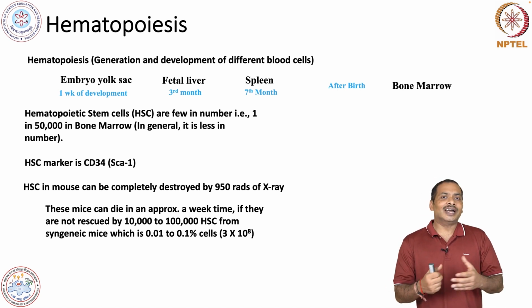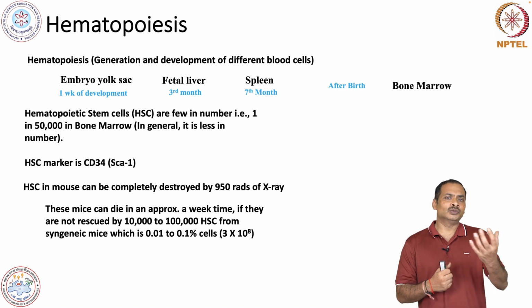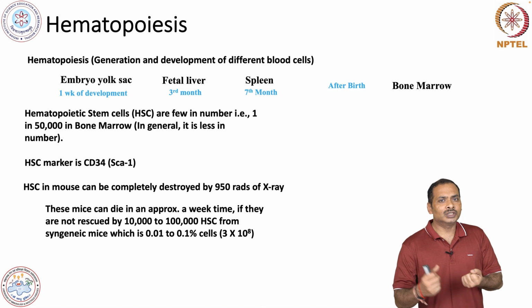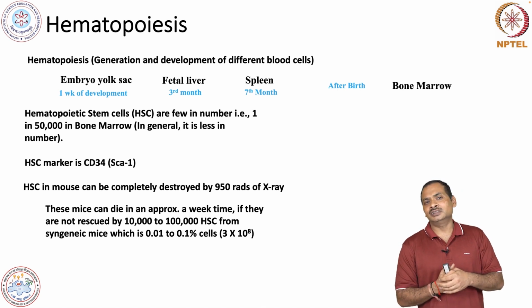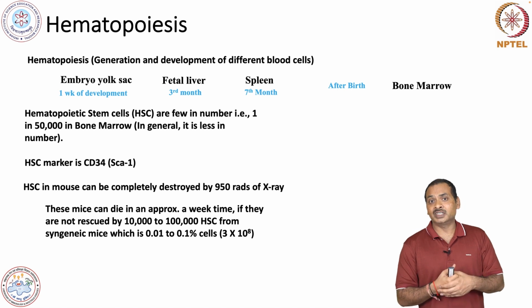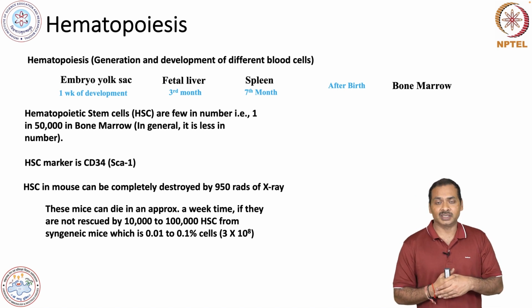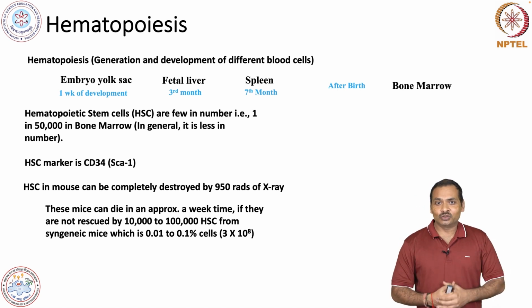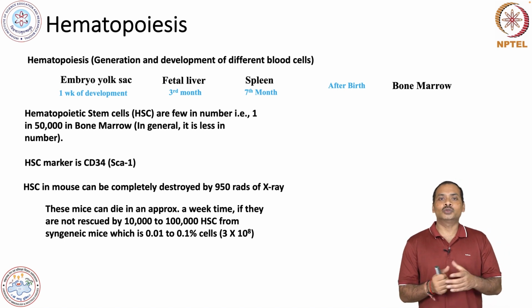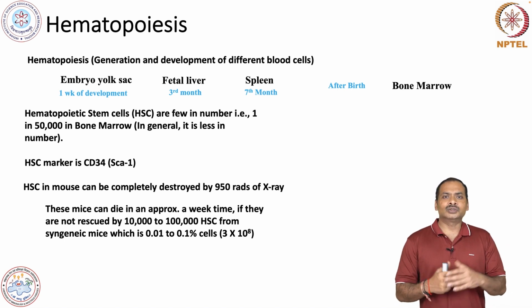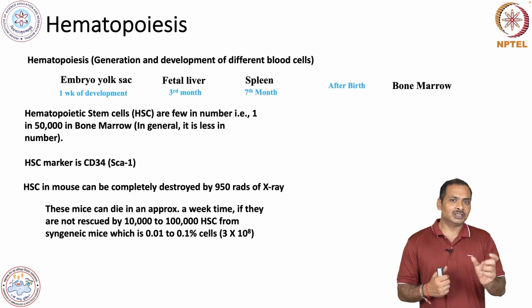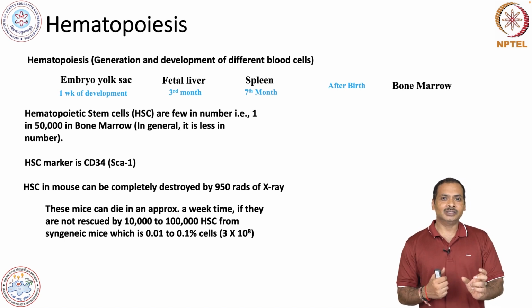So, in that scenario, if you take some cells from one mouse and put them in another mouse, there will be no reaction. These cells will be taken up by the recipient mouse. Okay. But this is not true for humans, right. We are outbred. Okay. So, syngeneic mice are, in simple terms, inbred mice. Okay.